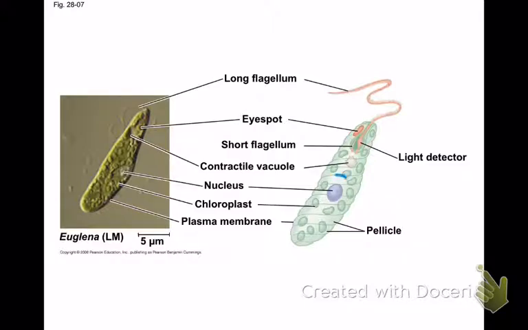Really, only the nucleus was very clear. And they have a special cell wall called a pellicle, which is, as you can see, kind of these spiral strips of cellulose that are protecting the cell.